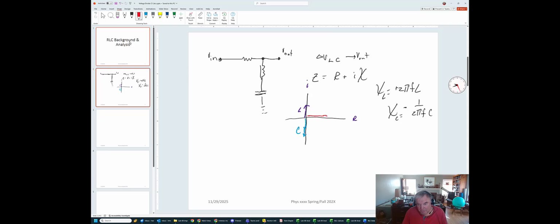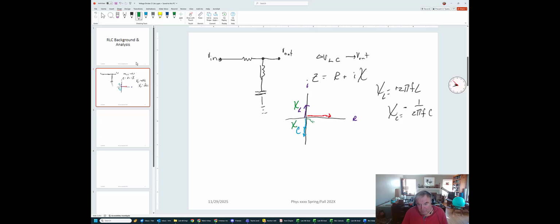I said plane, real axis I meant. So what happens is then in this, you see these two components, and you notice that the C wins in this case. It's larger than the L, and I suppose we'll do it like that.